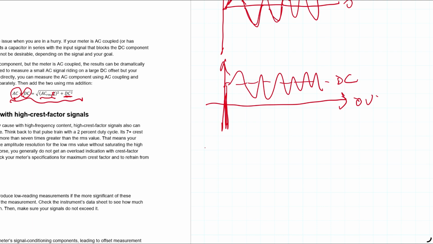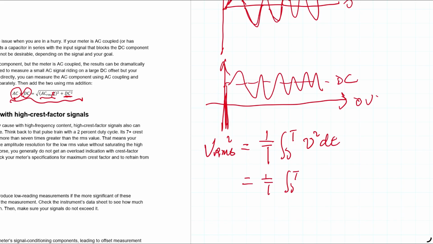Okay, let's say VRMS squared, so we can remove the square root. By definition, you have 1 over T, integral from 0 to T, of v squared dt. If this v is a VD, the DC offset, plus a VA, the AC signal, squared dt.